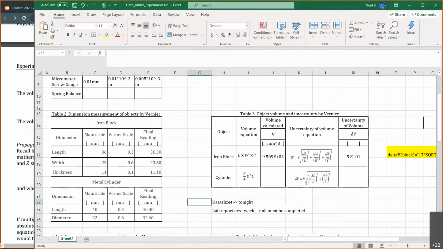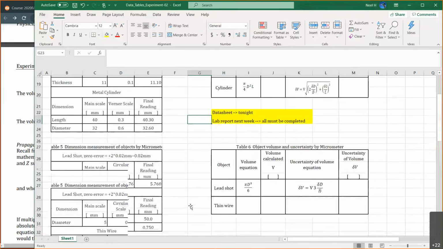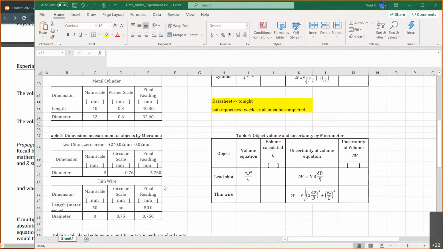Generally, I will not respond to an email after about 6 or 7 p.m. Okay, until tomorrow. And make sure, I will highlight this one too. For the data sheet tonight, you can skip these lines if you want to. I will not recommend it anyway. But for the lab report, you must complete all. Okay. All right, so let's continue to the next calculation for this one.